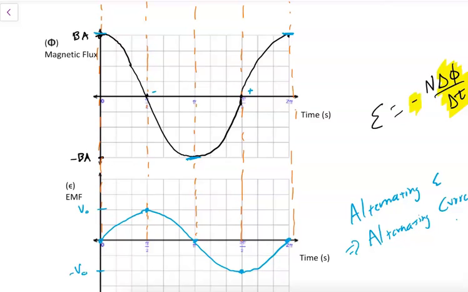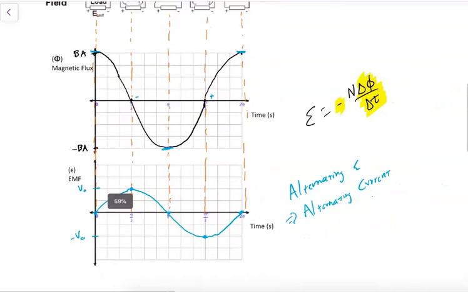In fact, every outlet you see in your house has alternating current in it. It's not until after you plug it in, say like a lamp, that uses direct current. Or, you know, if you're charging your phone, you might not want alternating current. You want a direct current to increase the energy storage of your battery.